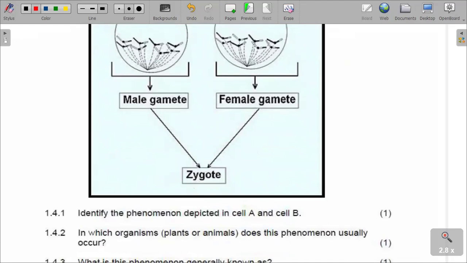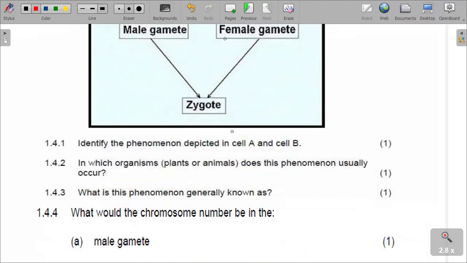We call that non-disjunction, the non-separation of chromosomes.